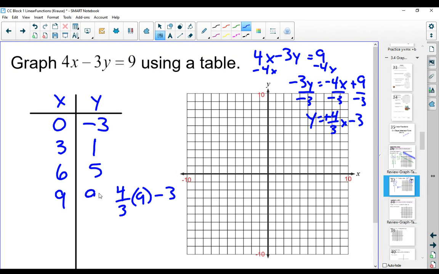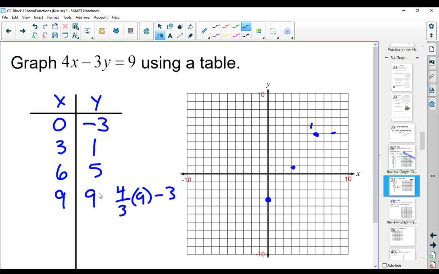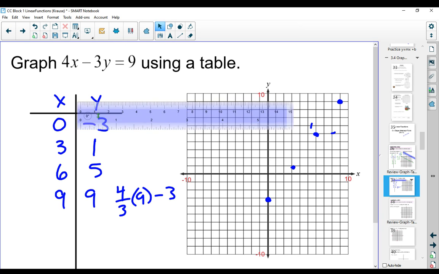So 9 and 9. Once I have those points, I can plot: 0, negative 3; 3, 1; 6, 5; and 9, 9. And again, I would be taking my ruler and connecting my points.